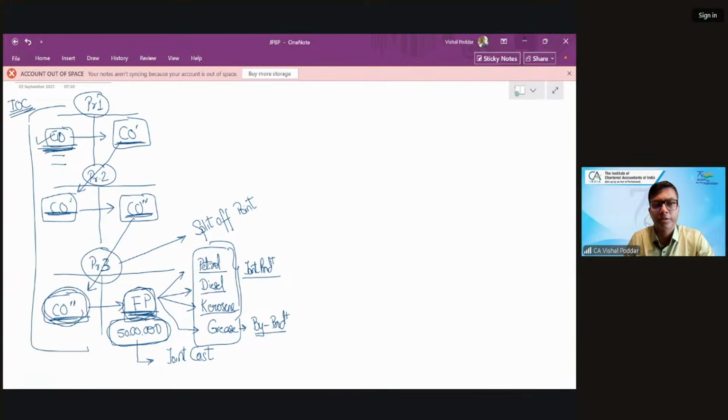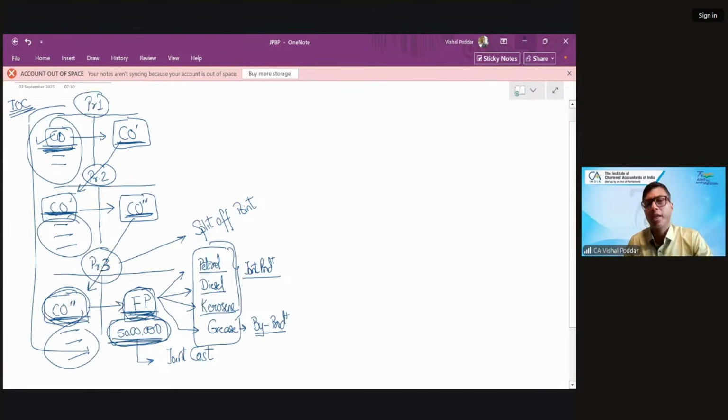Then again, to the material which came from the previous process, you added a few more materials and incurred cost of labor and overhead. Same here. Now, when you did that, every process had a cost. In fact, the cost of every process together makes up this 50 lakhs, which is called the joint cost.